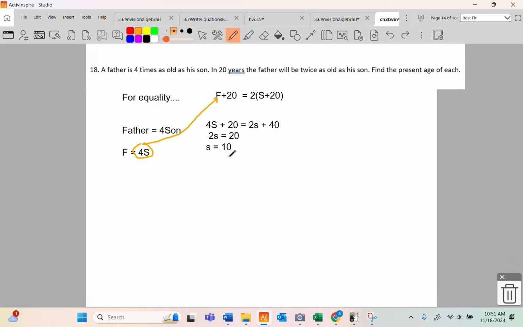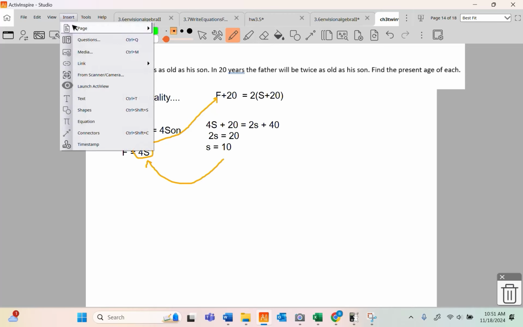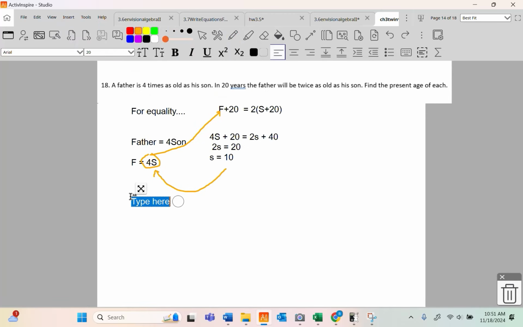So if the son is 10, then the father is currently 40. So father is 4 of those 10s, which is 40. Now, does this make sense? Yes, 40 is 4 times as old as the kid. In 20 years, this kid would be 30, and the father would be 60. So it's holding.